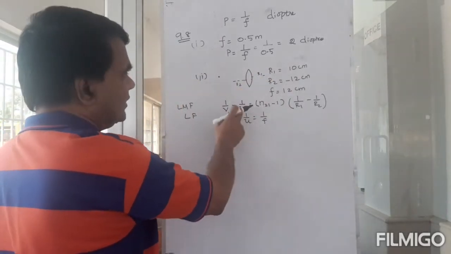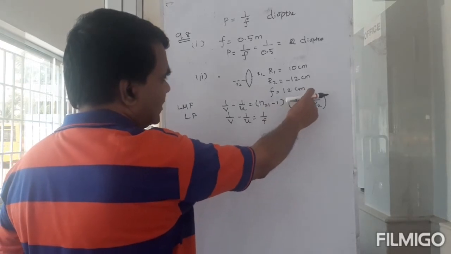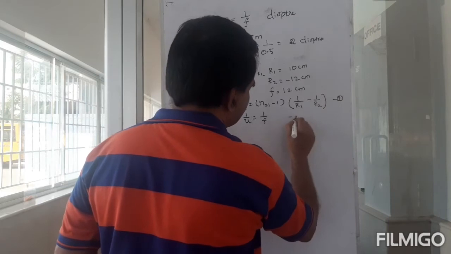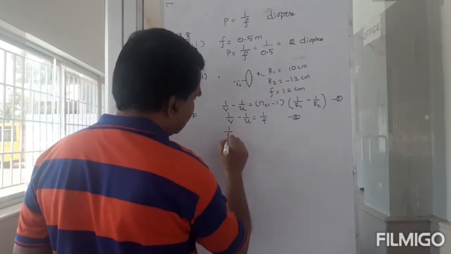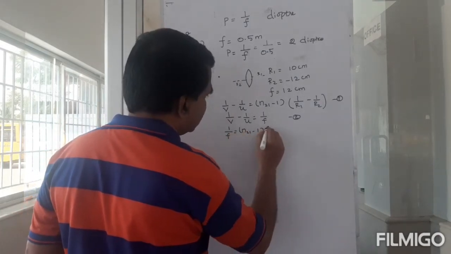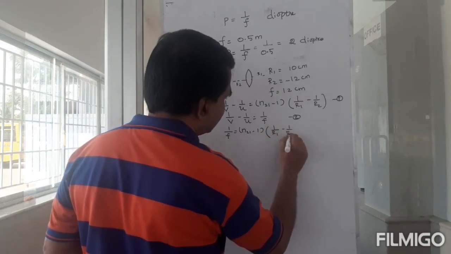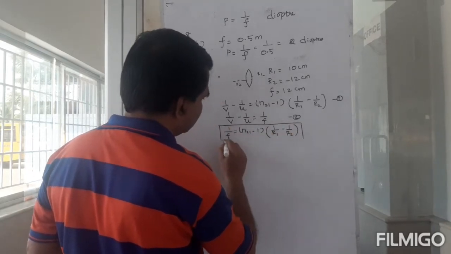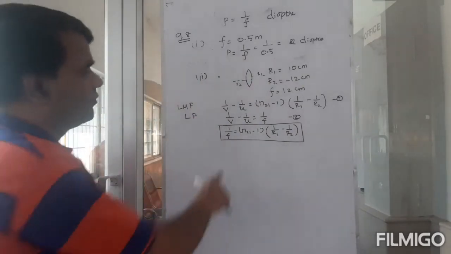So from these I can combine them and get 1 by f is equal to (n21 minus 1) into (1 by R1 minus 1 by R2). Simple. So I have all the information defined in it.